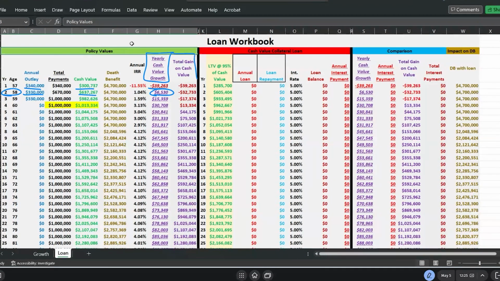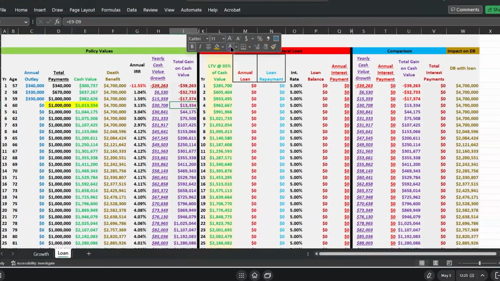To the right of that is the total gain on cash value. So what do we see here? First 3 years, you've got less in cash value than what you have paid into the product. By year 4, you'll see it highlighted in yellow. You've paid in a total of how much? $1 million. Your cash value is $1,013,000, which is then a gain of $13,000 in change.